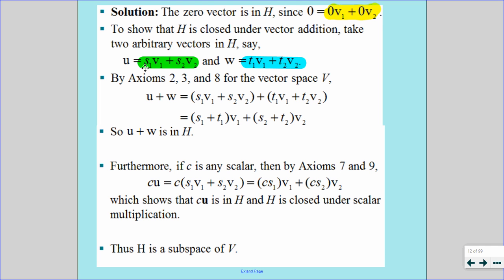These two vectors are in the span because they are made up of a linear combination of V1 and V2. If we sum U and W together, we have to show that quantity is a linear combination of V1 and V2, because that would mean it is in the span. And if it is in the span, it is part of the subspace because that is how the subspace is defined. So what we can do is show the addition of these two vectors.